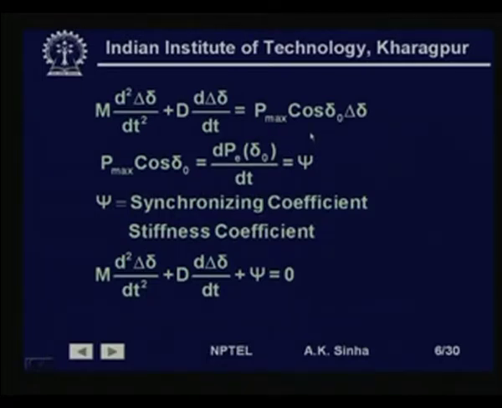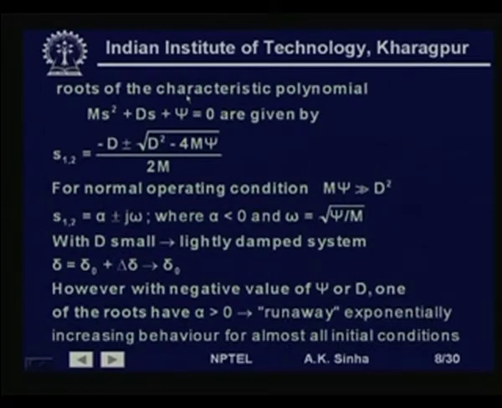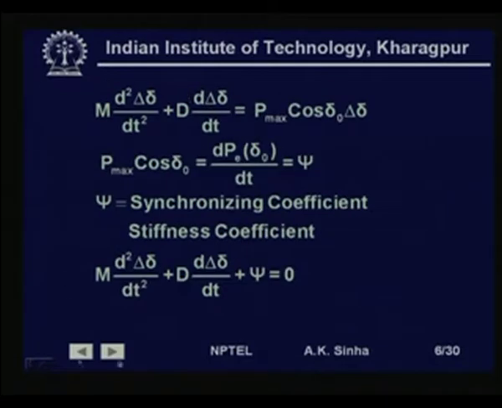So, we will write this as m d2 delta delta by dt2 plus d d delta by dt plus psi is equal to 0. Now, I am sorry, here we had missed this term delta delta.